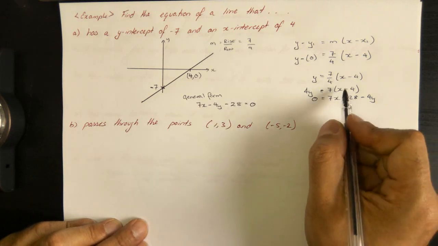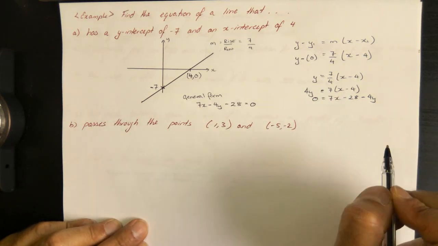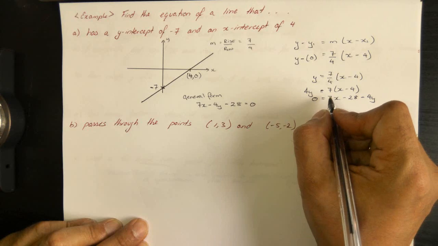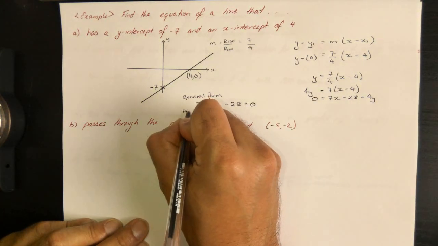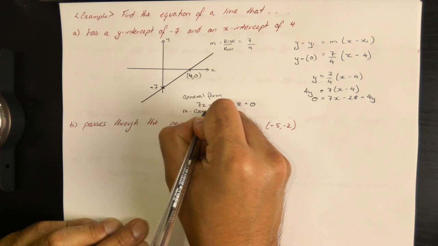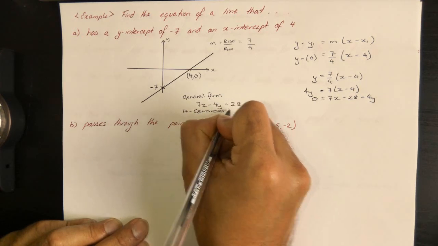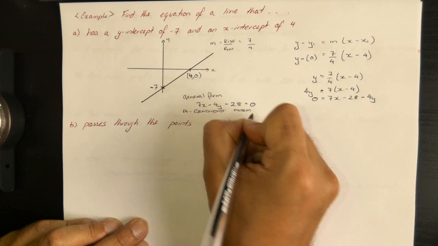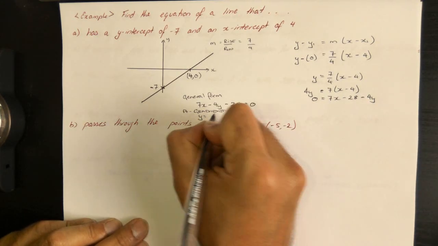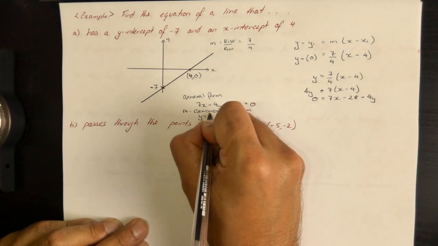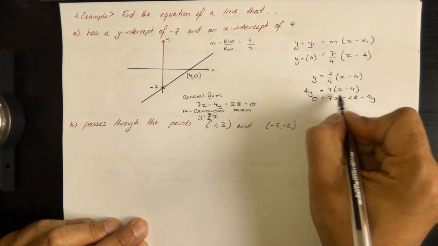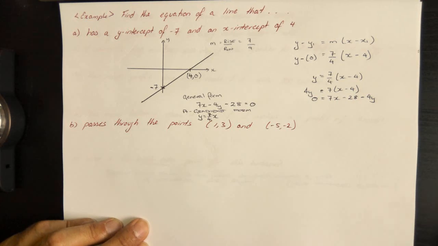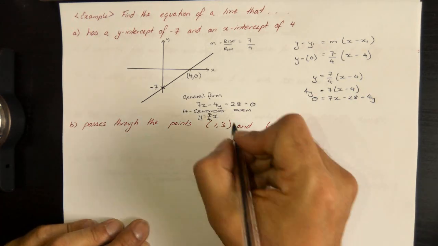If I wanted it in gradient-intercept form, I would get y equals 7 over 4 x minus 28 divided by 4, which is minus 7.